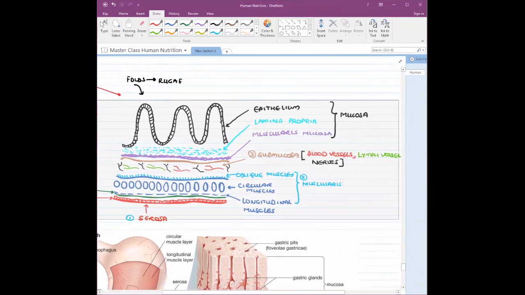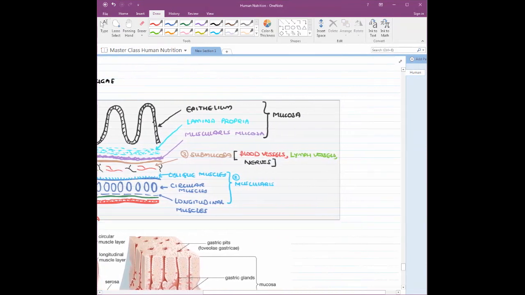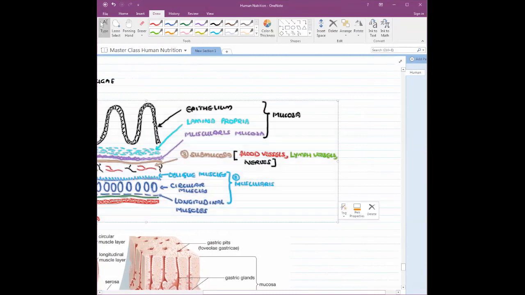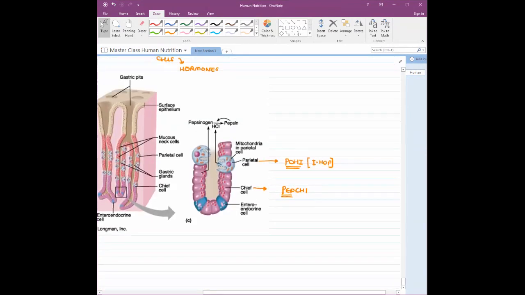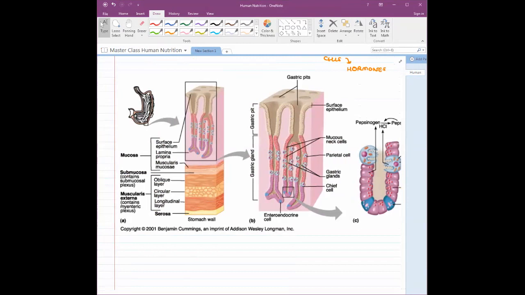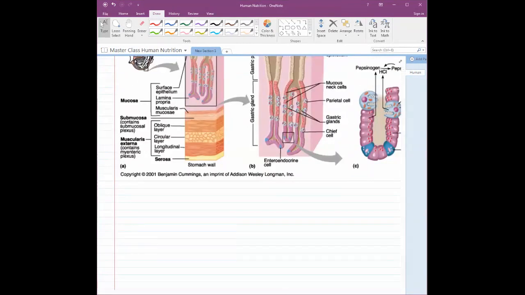It is exactly the same thing, but with a little difference. Let me see if I can copy the same thing.